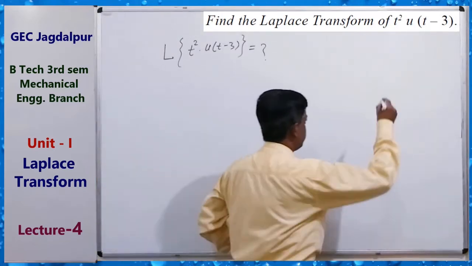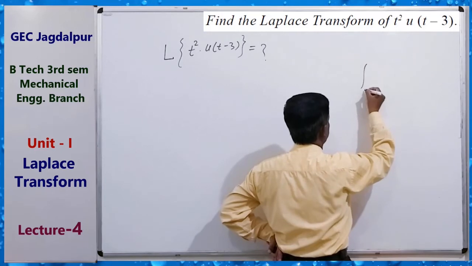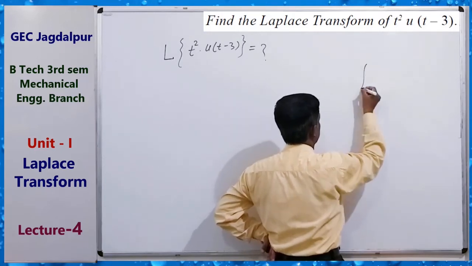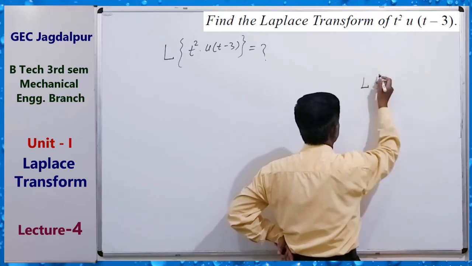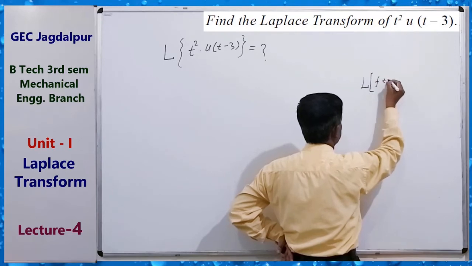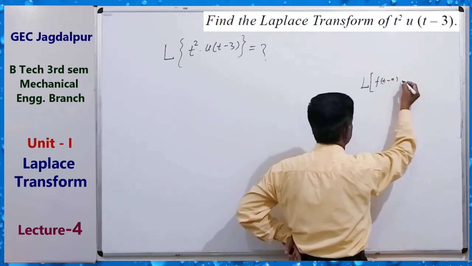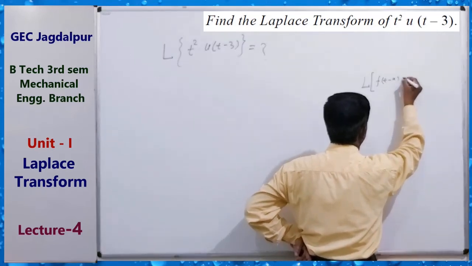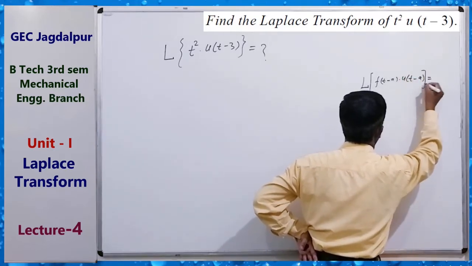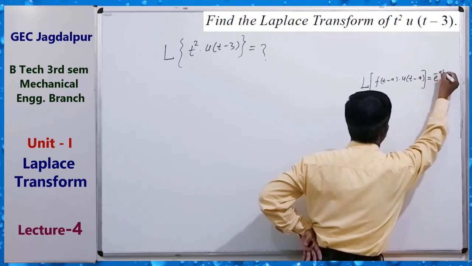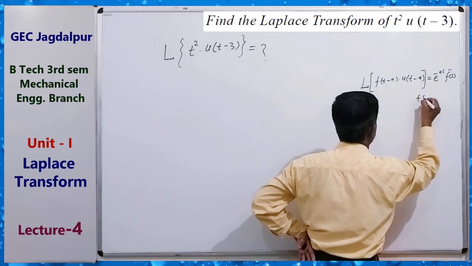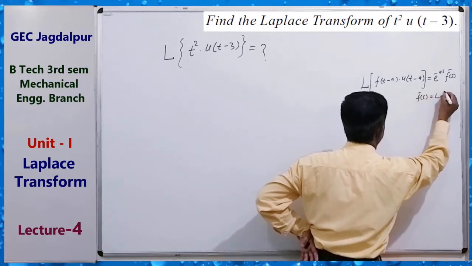So remember this formula: the Laplace transform of f(t minus a) u(t minus a) is equal to e to the power minus as times F(s) bar, where F(s) bar means L(f(t)).